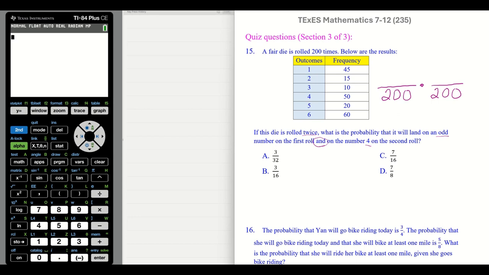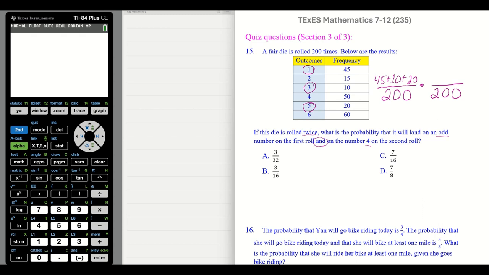So then for the odd values, we have 1, 3, and 5. That will be 45 plus 10 plus 20.